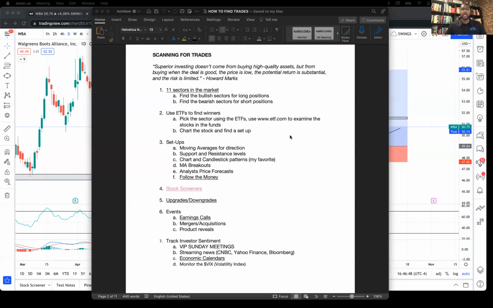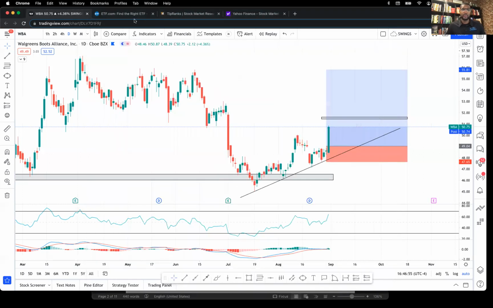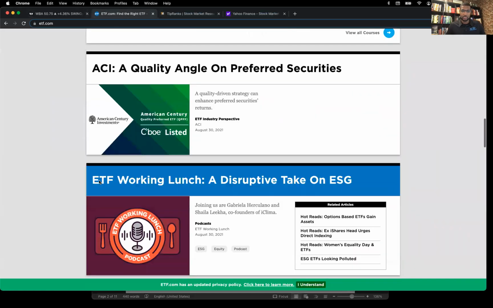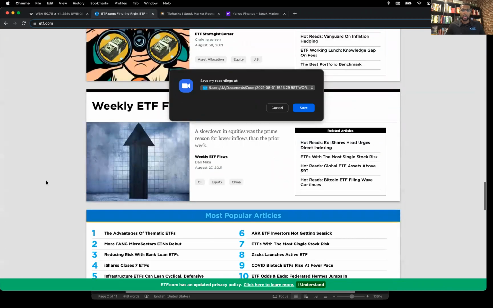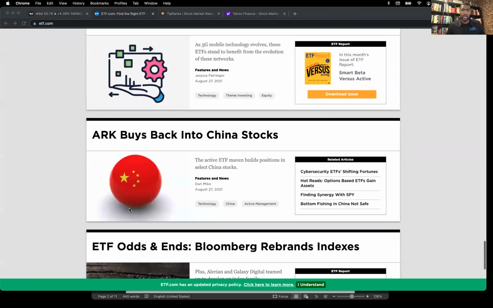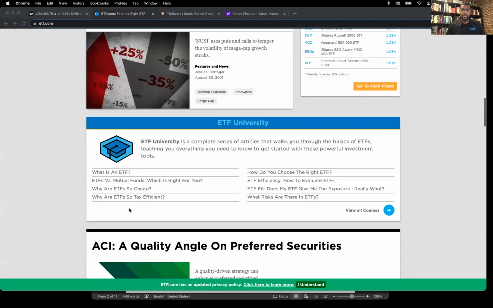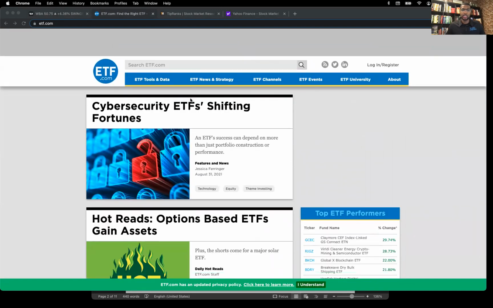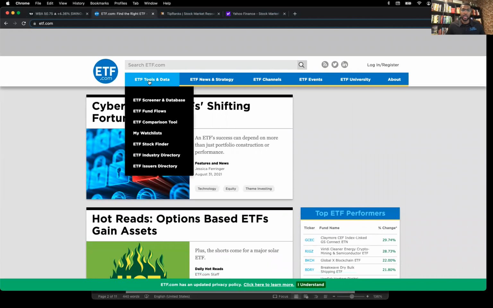All right. So understand that there's 11 different sectors in the market. A quick way for you to get through all that and understand exactly what sectors we're looking into: you can go to a website like ETF.com. And ETF.com will show you everything you need in order to find the sectors you're looking for and find the stocks within that particular sector.